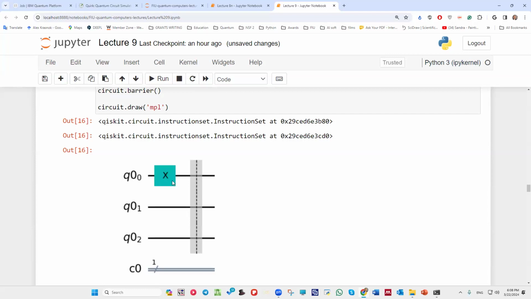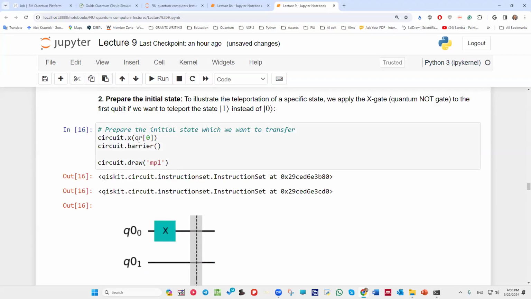The state 1 is created by applying the Pauli X gate to the first qubit. And I write the barriers between each single state, between the mutual states of the circuit.